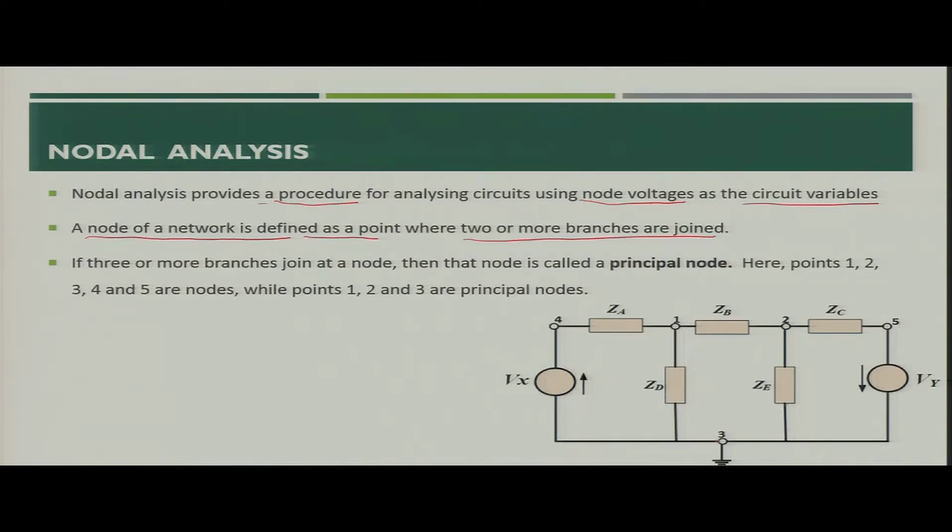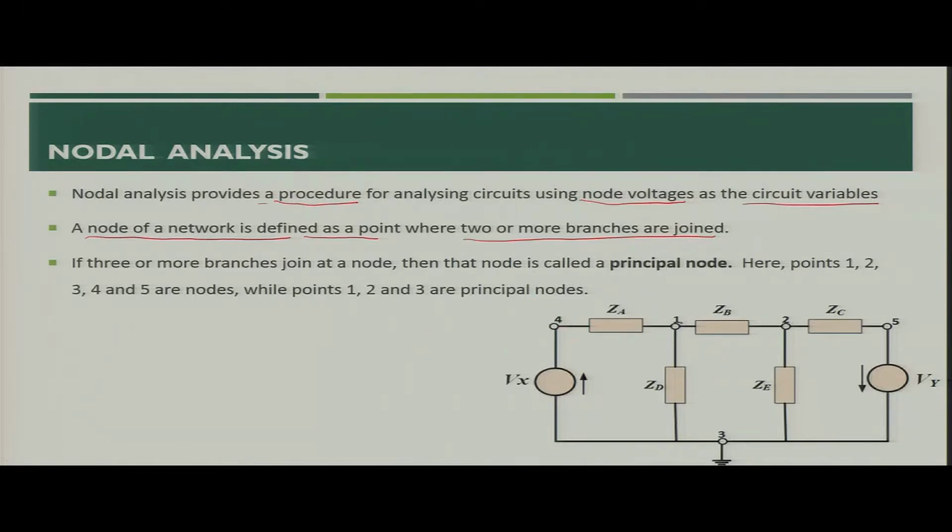Out of all those nodes, one node is considered as a reference node, that is node 3. Now, this node is different from this node in the sense that this node contains at least 3 branches and this node contains only 2 branches.